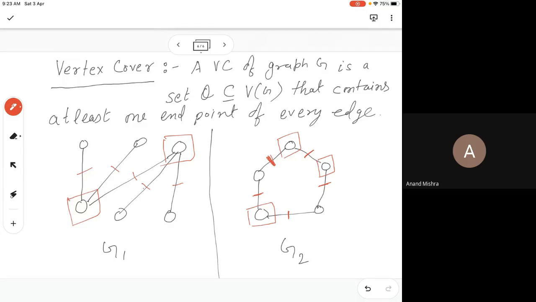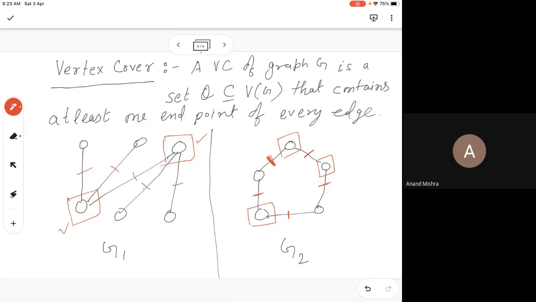If you want to light all the streets with the minimum number of street lights on, this is the possibility, right? If you just turn on this light and this light, all the streets will have light. So that is a way to understand what the vertex cover is.